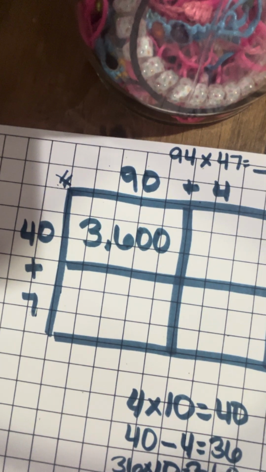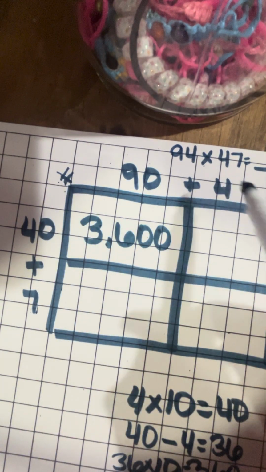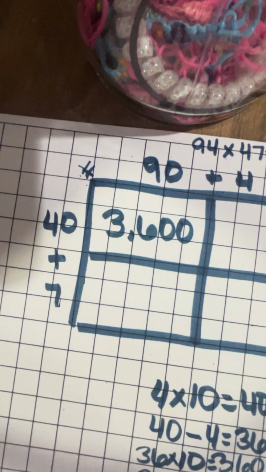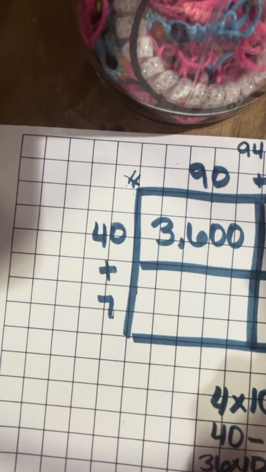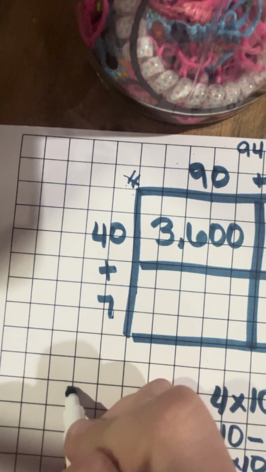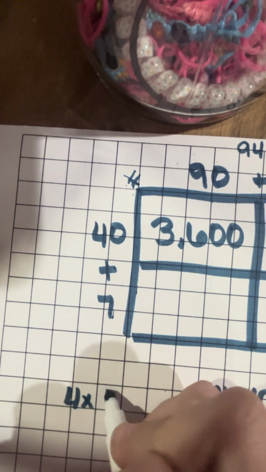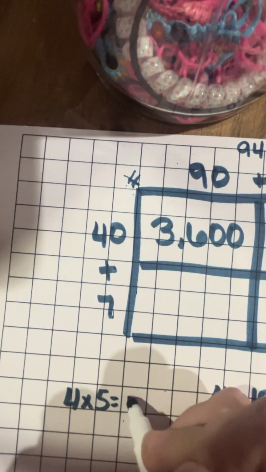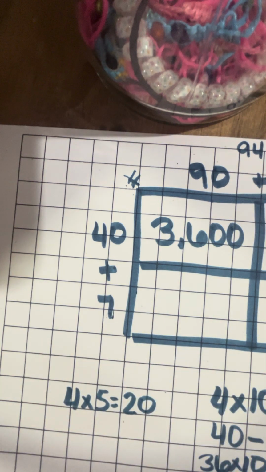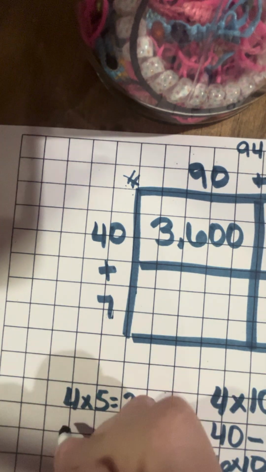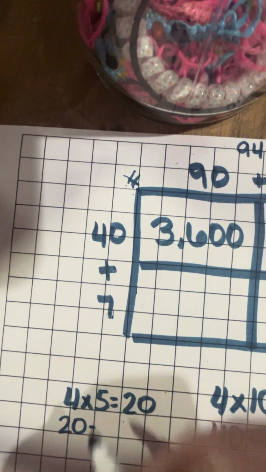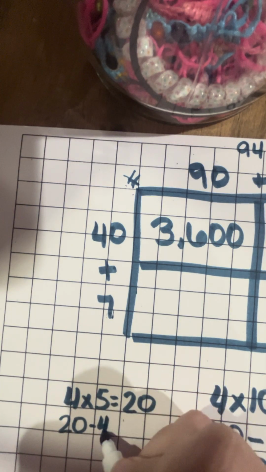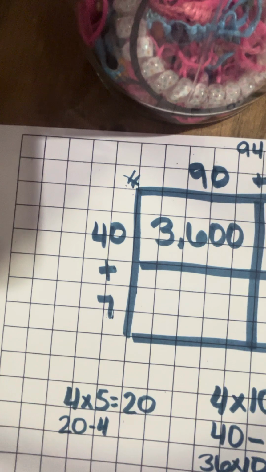Next, I'm going to multiply 40 times 4. I'm going to use facts that I know to help me solve 4 times 4. I know that 4 times 5 is 20. And I can take 20 and subtract a group of 4 because I only need 4 groups.